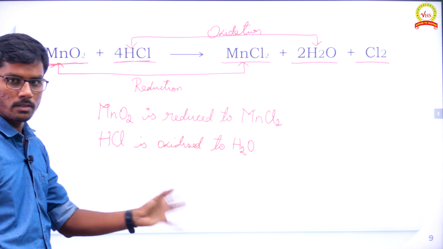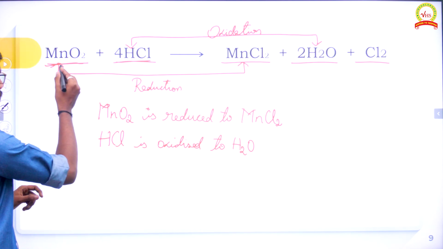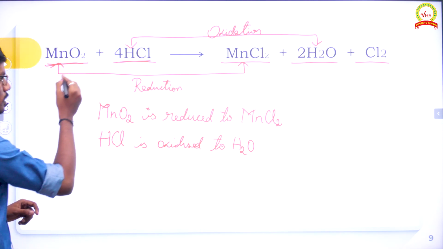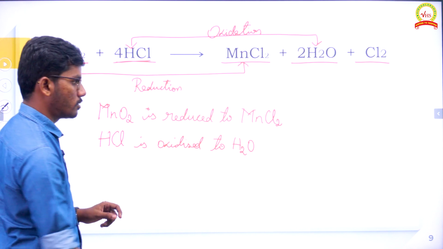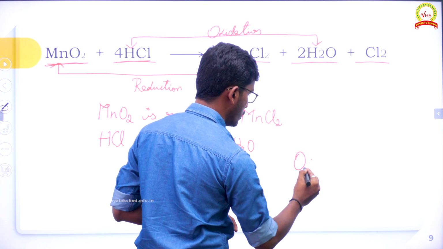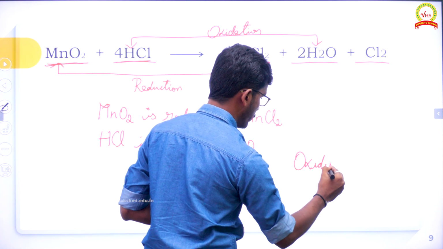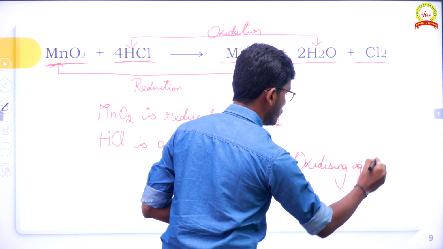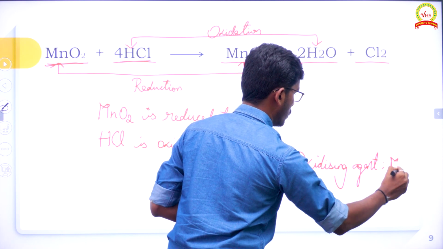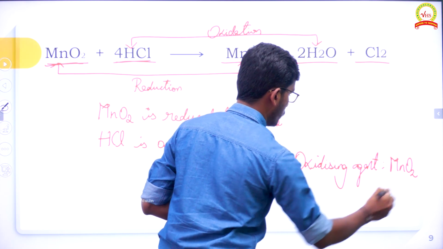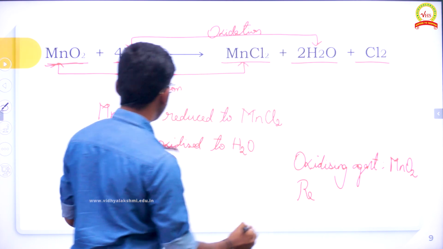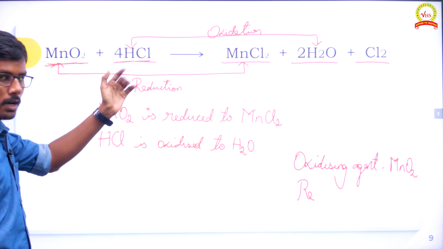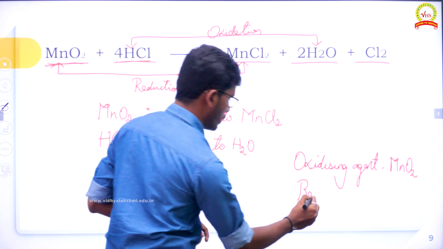As I told you earlier, the substance which is undergoing reduction, we can call the oxidizing agent. So what is the oxidizing agent here? It is going to be manganese oxide. And which is going to be reducing, obviously. If this is going to be oxidizing, hydrochloric acid is going to be the reducing agent.